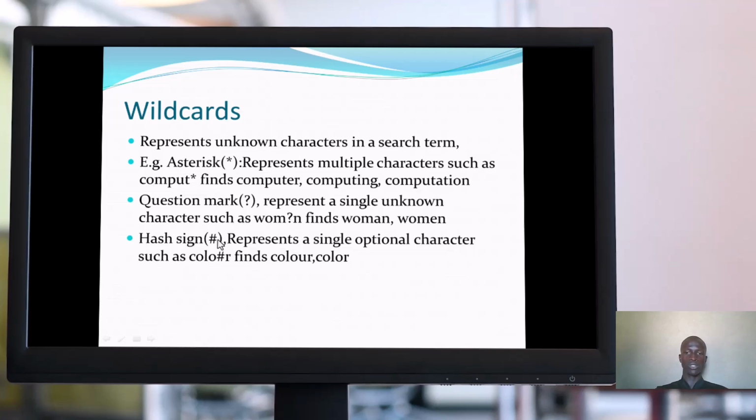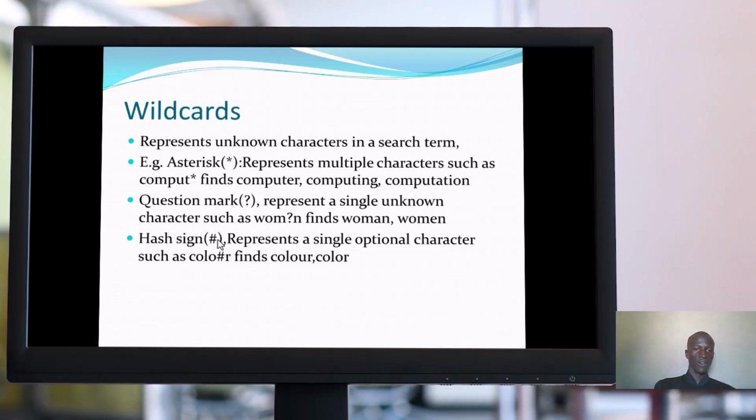Also, we may use another sign, like when we say a hash sign, it gathers optional characters when we are writing certain words, as we know in British and American styles.